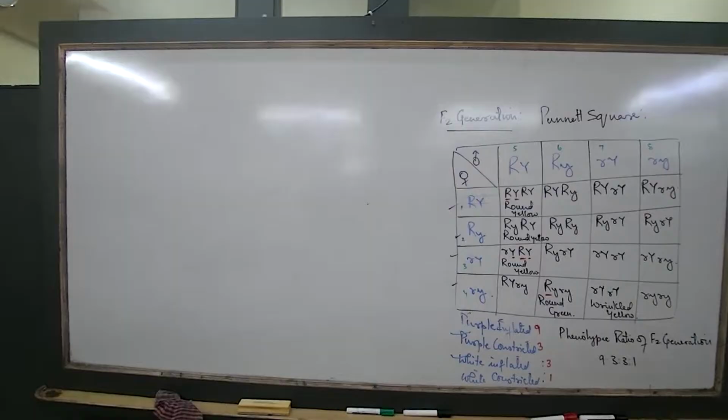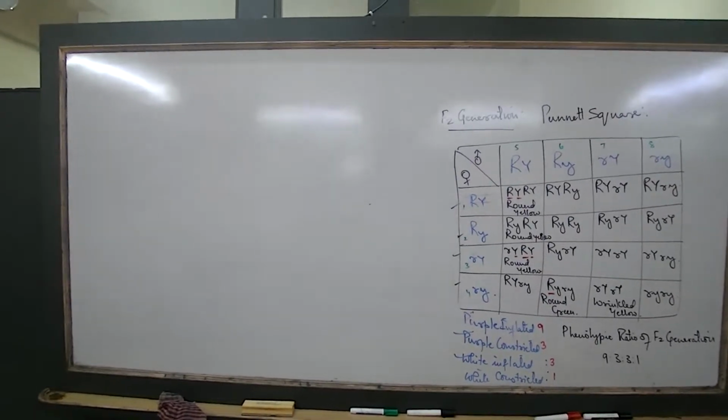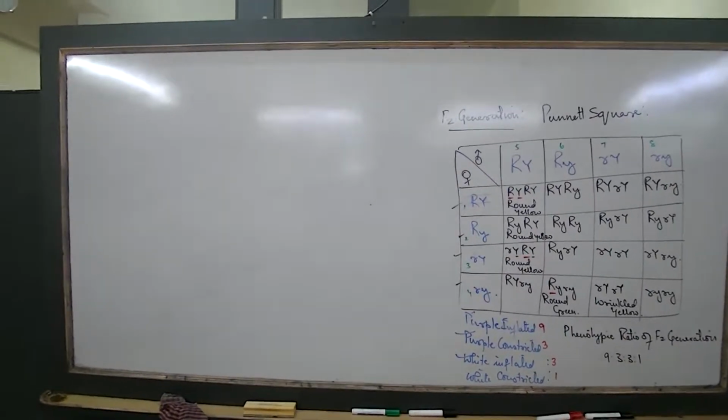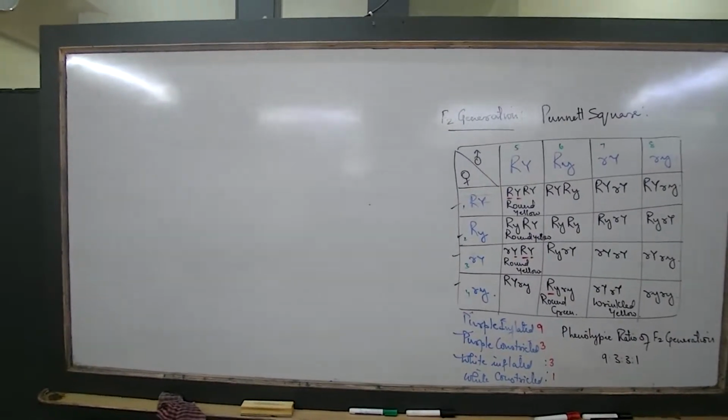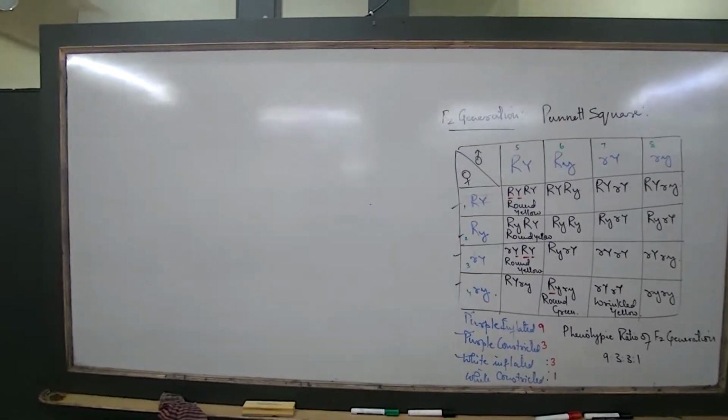Come to number 2. Round and green crossed with wrinkled and yellow. So F1 generation will be what? Check your answer.